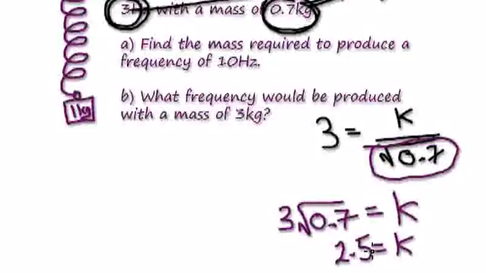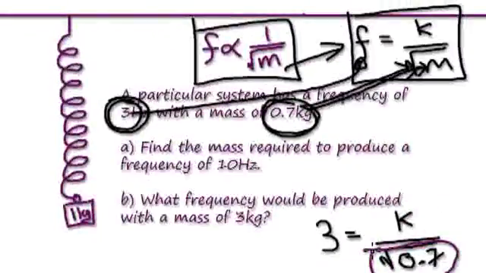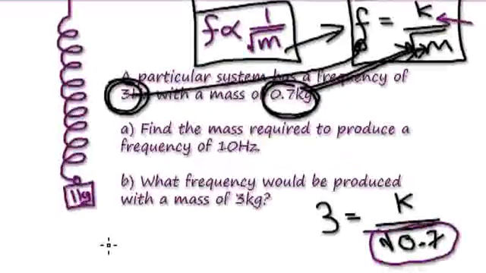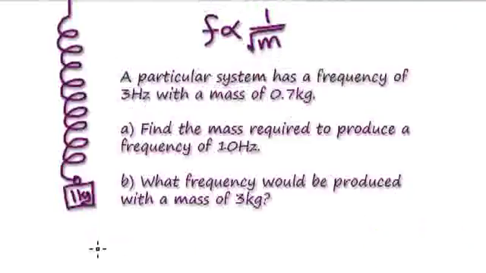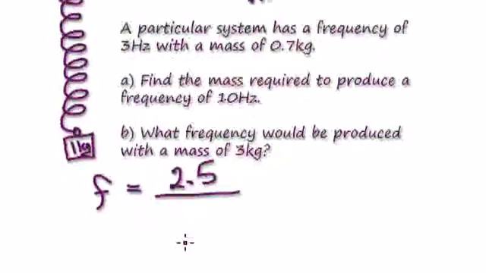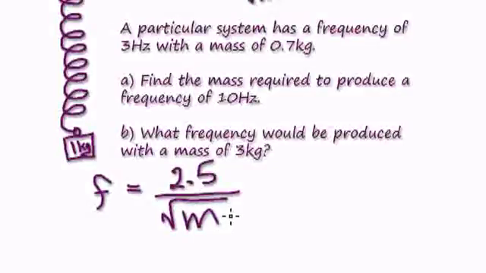Now that we know our k, put our value back into the equation. So now we've got an equation: f equals roughly 2.5 over the square root of m.